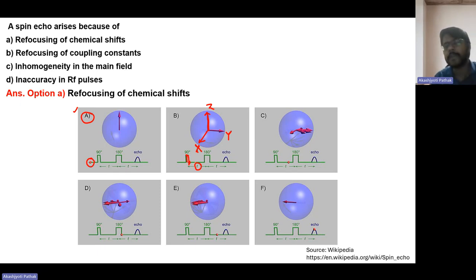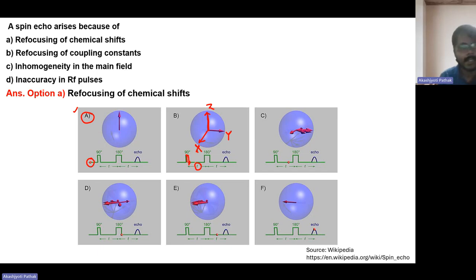Each of these nuclei will experience a different extent of external magnetic field because of the local magnetic field. These basic concepts we have already discussed in week 1, week 2, and week 3.